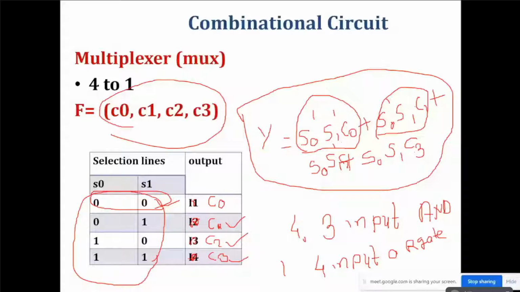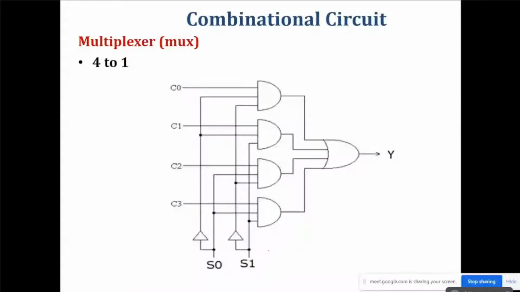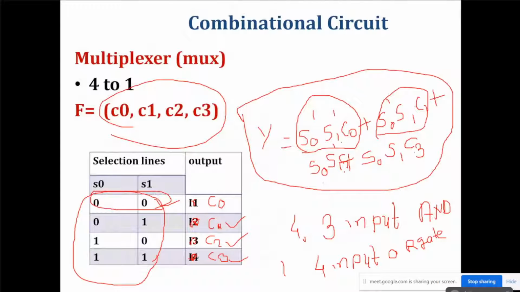So how will we implement it? This is the implementation. Here we require NOT gates for the complement of S0 and S1. We have concluded that we have four 3 input AND gates and one 4 input OR gate.